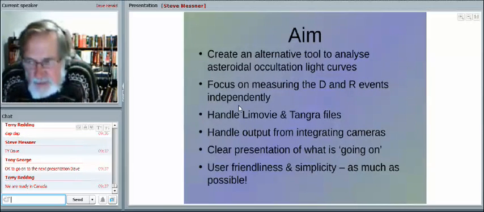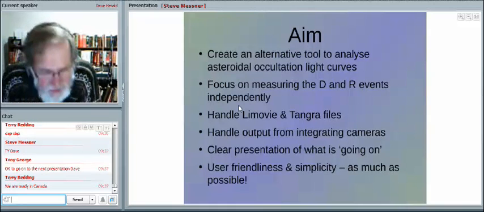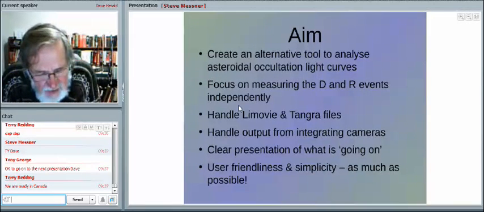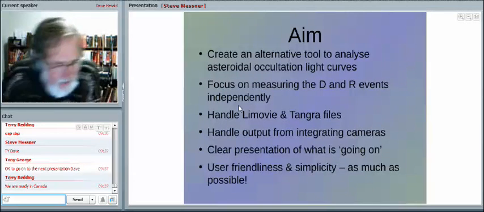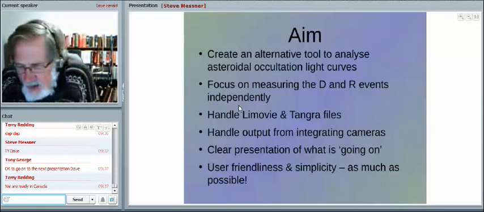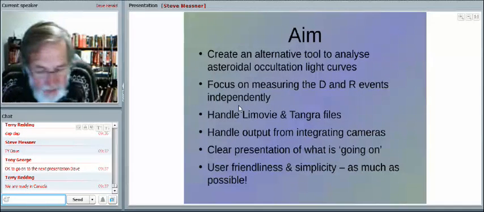A little bit of background to what I've done here. I'm a great believer, in any prediction and analysis tool, of the value of having independent tools to assess things.